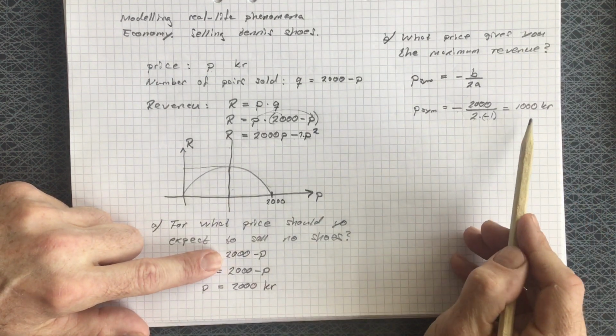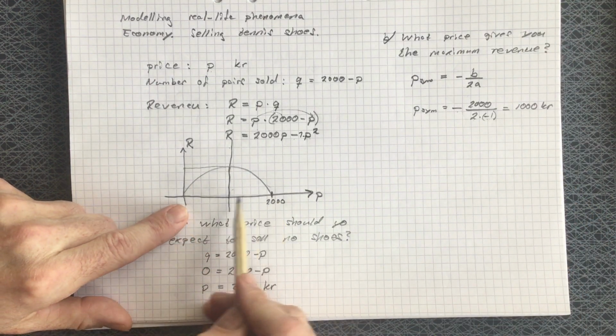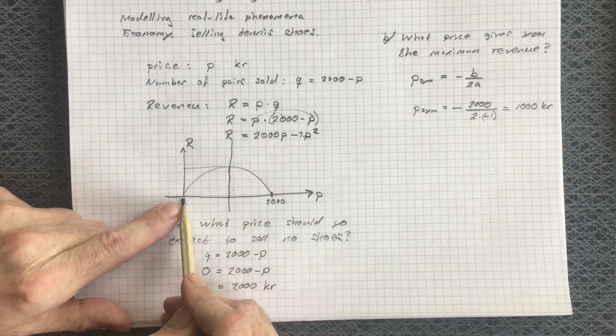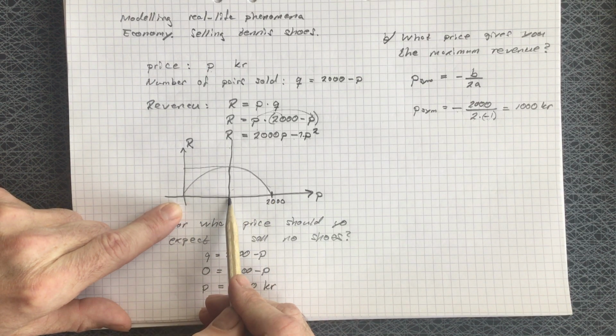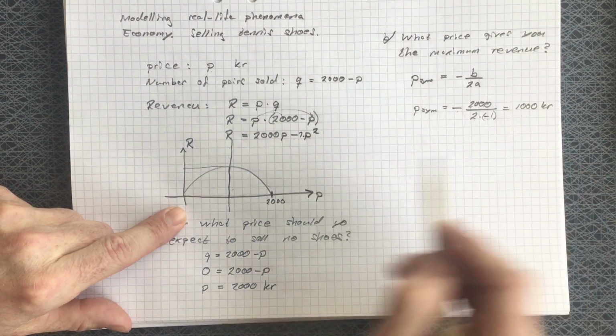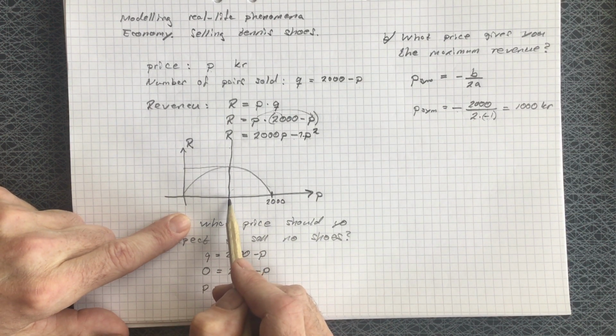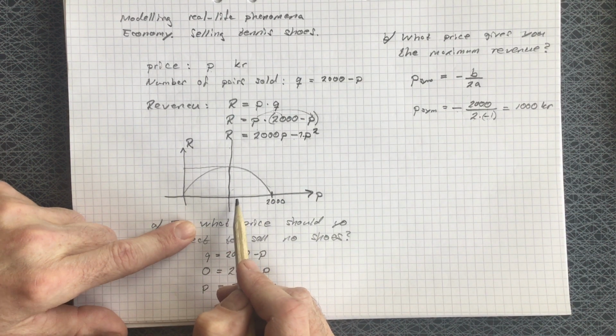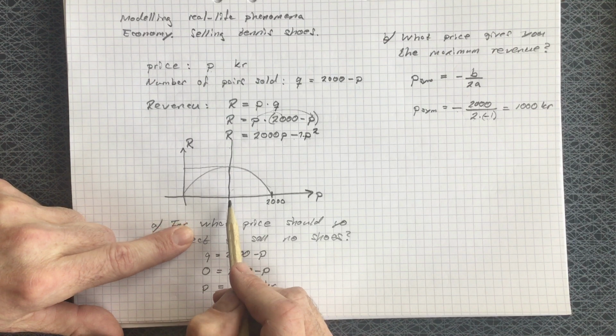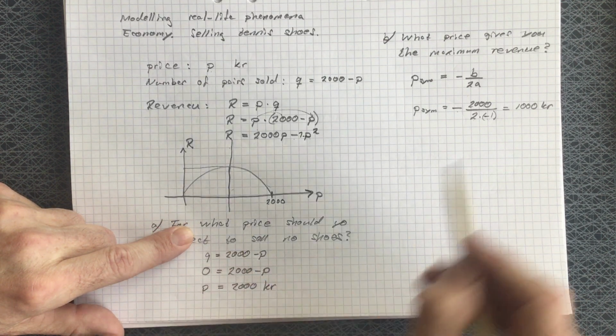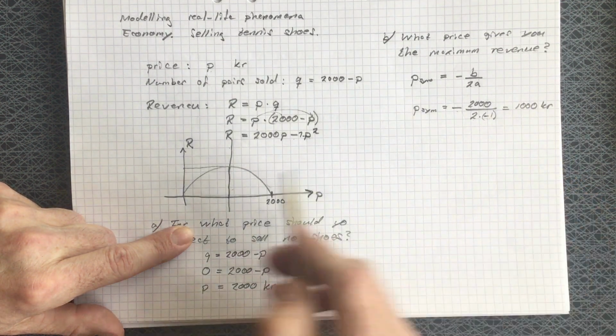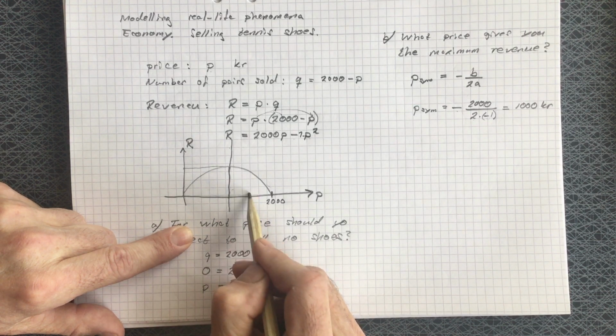And it makes sense because 1000 is in the middle between 0 and 2000. So 1000 is a good average price you should take for selling, to have as high a revenue as possible. If you take a higher price for the shoes than 1000, then you will sell too few of them.